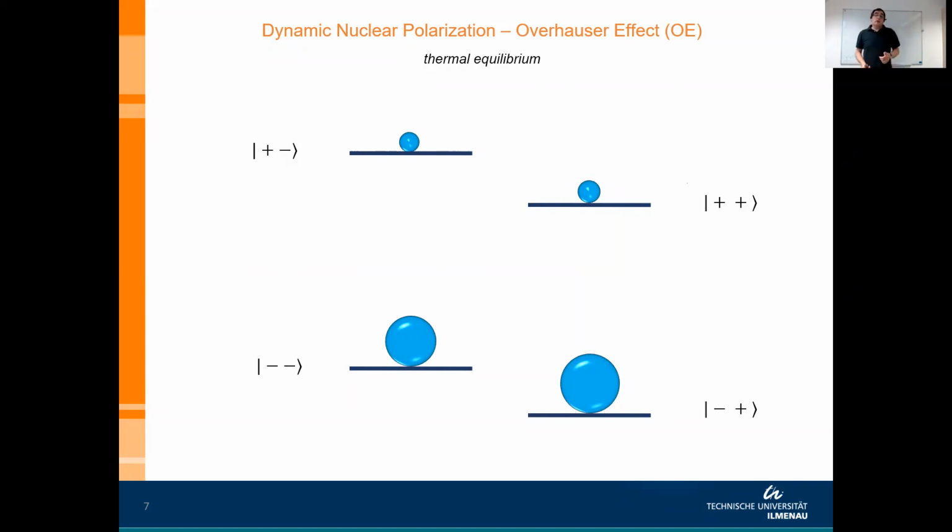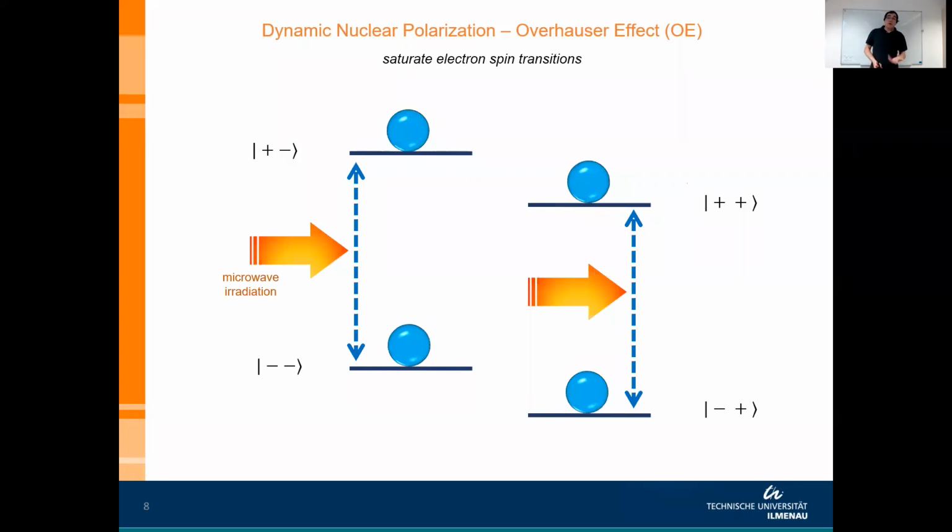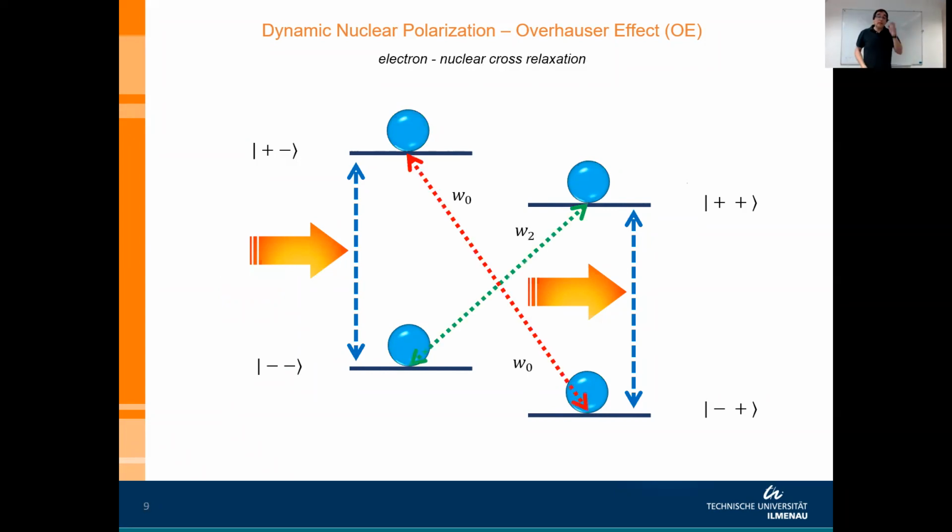Well, if we irradiate the system with microwaves, there will be a saturation of the energy level of the electron, because we are irradiating at this frequency. And cross relaxations also happen, which we describe by these functions omega 0, 2, and 1.